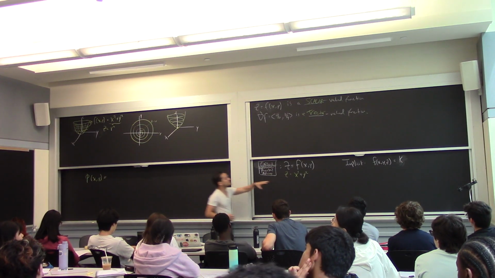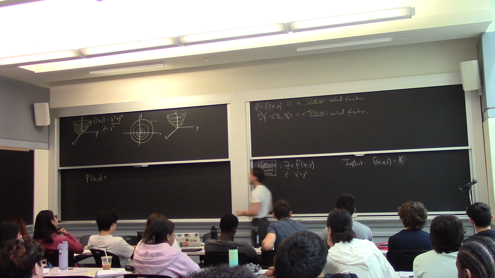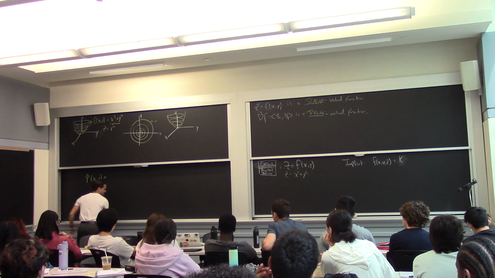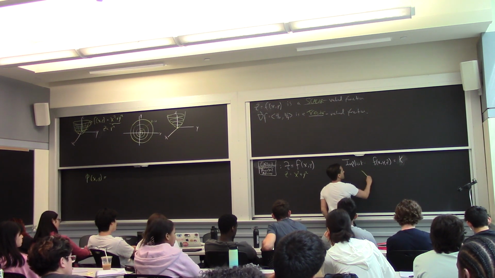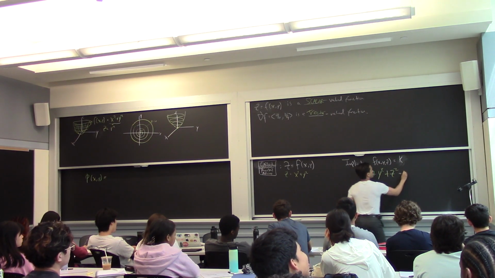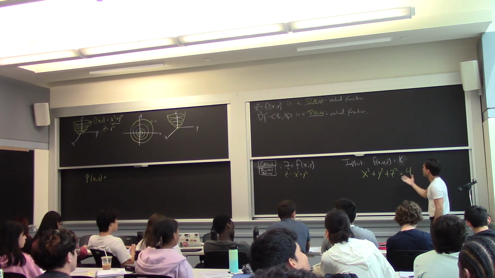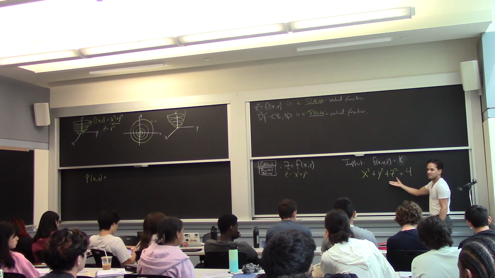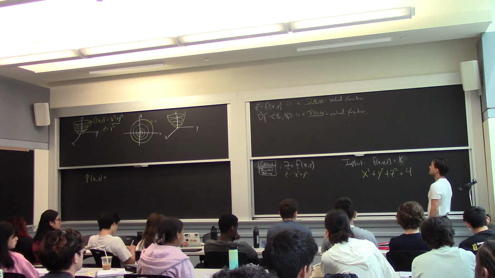Then we have the implicit case, which just says that some wilder relationship between the 3 variables is equal to something. So this would be an example. What is the equation of a sphere? x squared plus y squared plus z squared equals, let's say, 4. This is an example of an implicit way to express a function. And who's to say I can't write it in an explicit way?